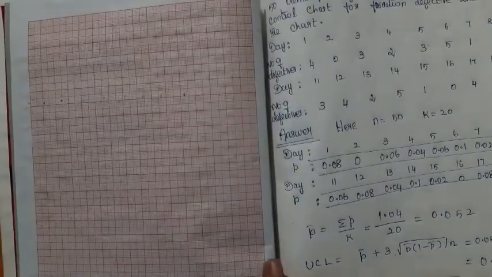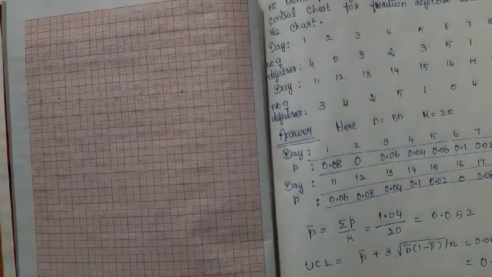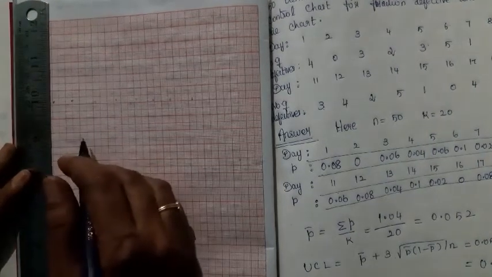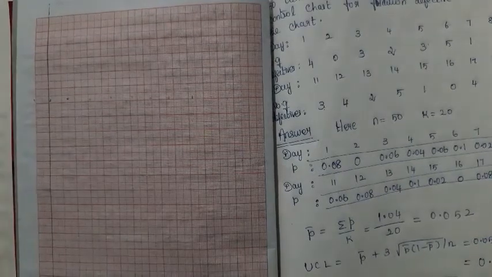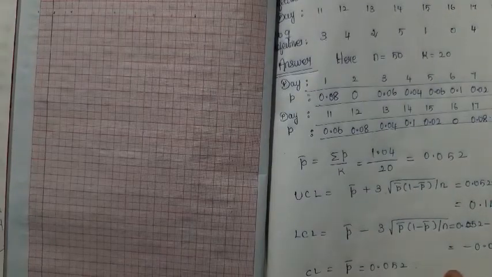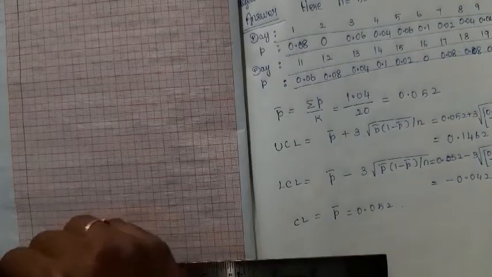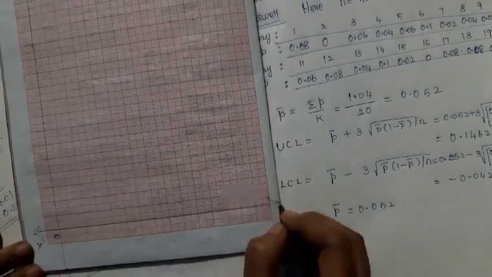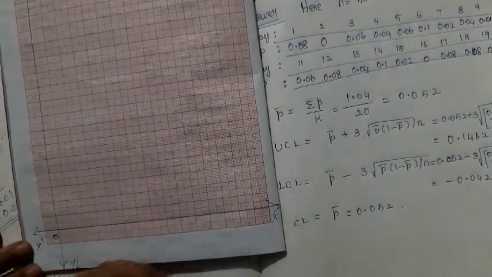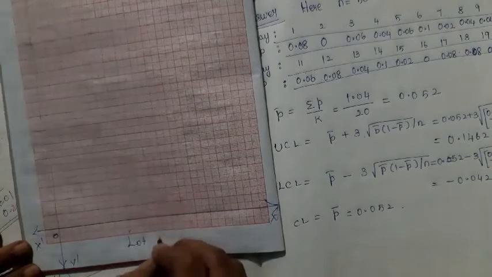So let me draw the graph now. Here, as usual, I am going to have the lot number.